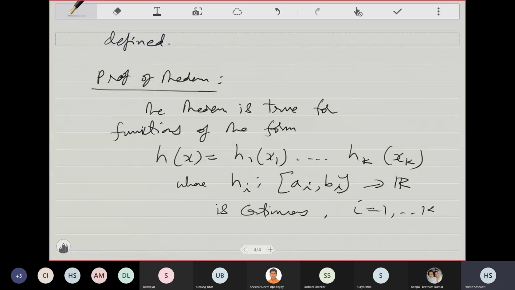So for a product of one variable functions, it is true. And in fact, last time I did the k equals 2 case.